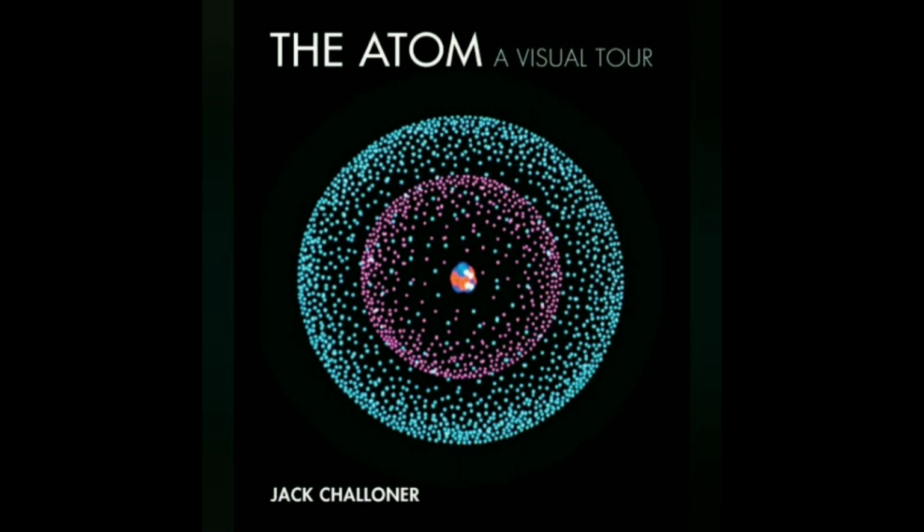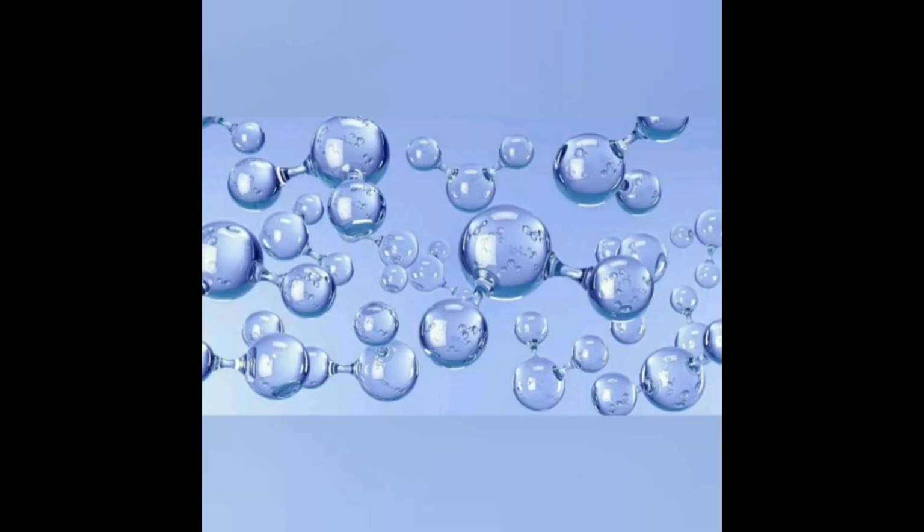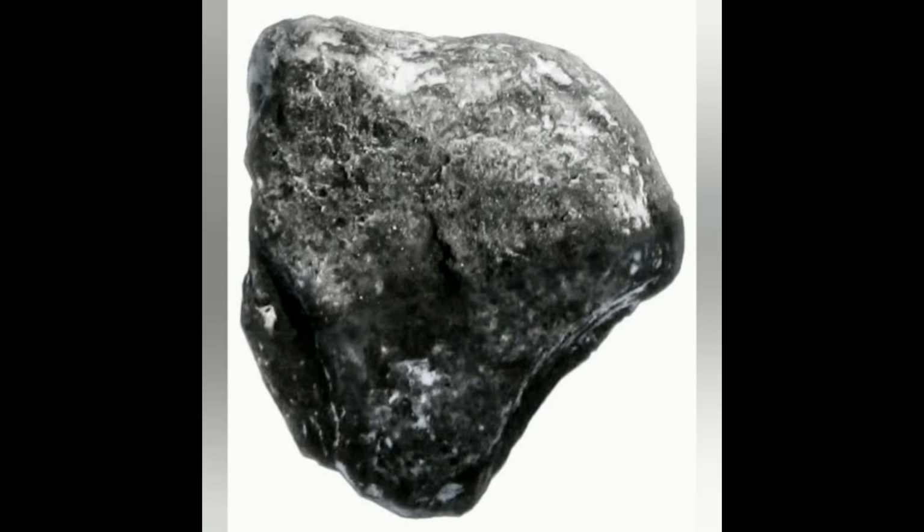These atoms are extremely small, so you cannot see them with your naked eyes, and you need a powerful microscope to see the atom. So this is the atom structure, and when a group of atoms is together, it is called a molecule, and finally these molecules form a structure which is called matter.